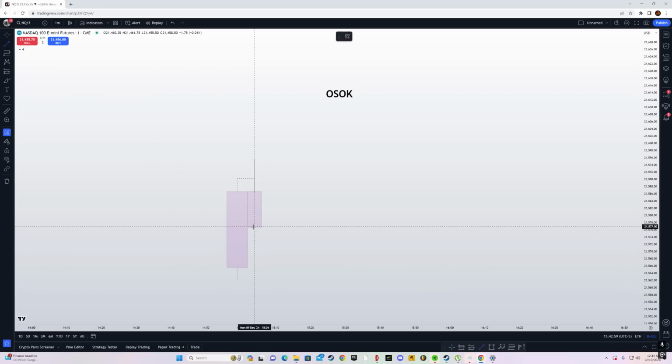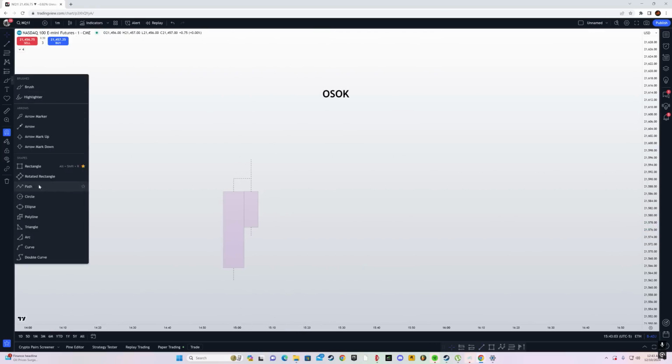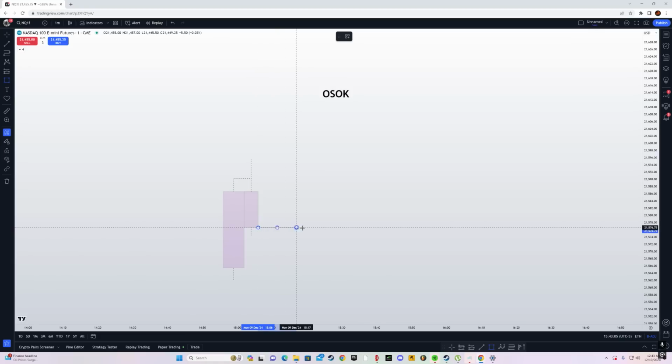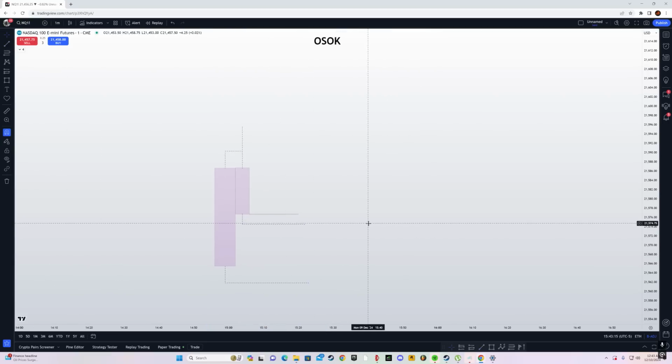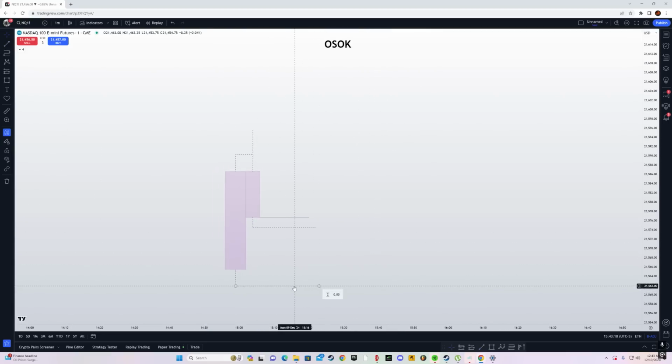Now, the bias for the third candle that opens, for example, right here, is going to be bearish, right? The first target would be this, and then the last target could be this level over here. So this is how we use 2 candles to identify our bias for the third candle right here.